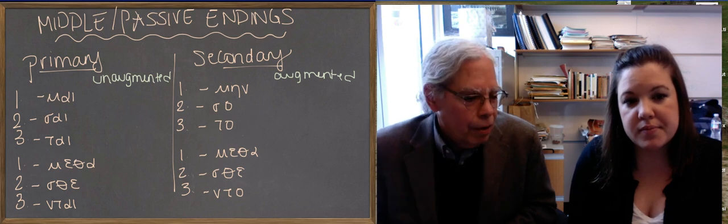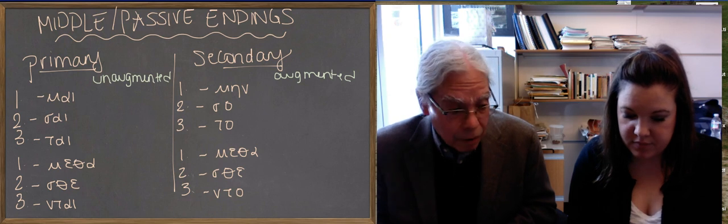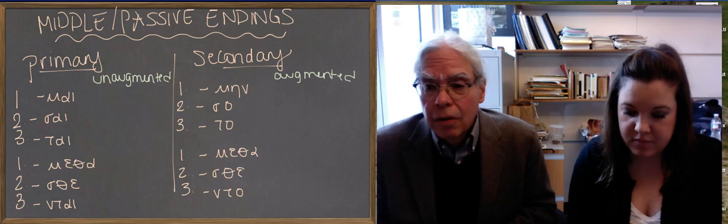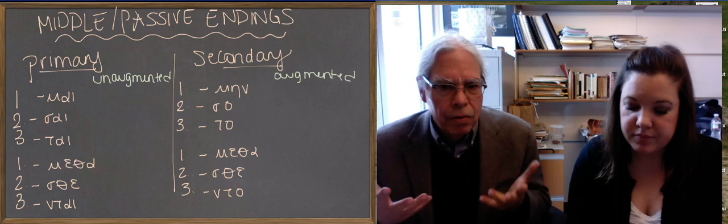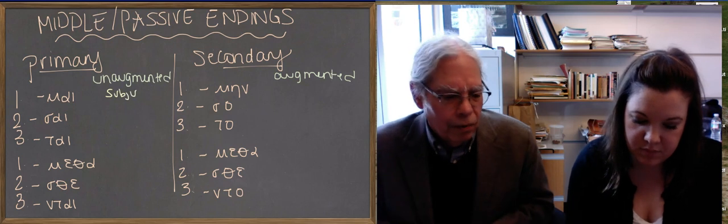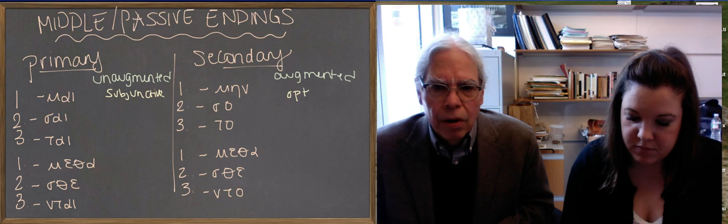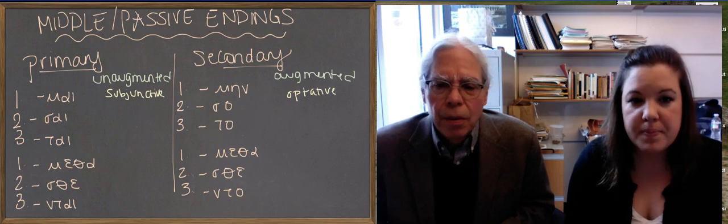The other thing that we can add is that the primary endings work for subjunctives in Greek, and the secondary endings work for optatives, right? Because we've seen this association before between primary or present tense with the subjunctive, and secondary or past tenses with the optative. Okay, so these are personal endings.